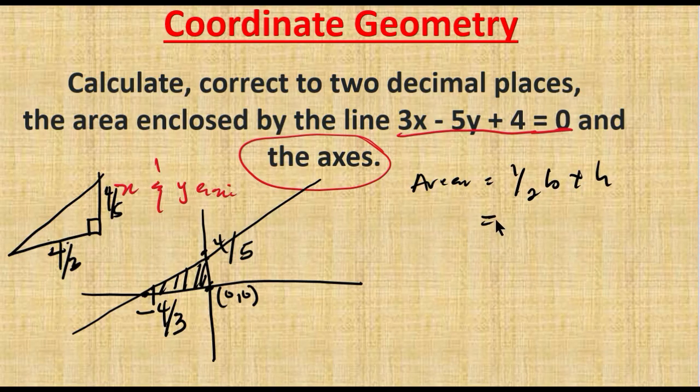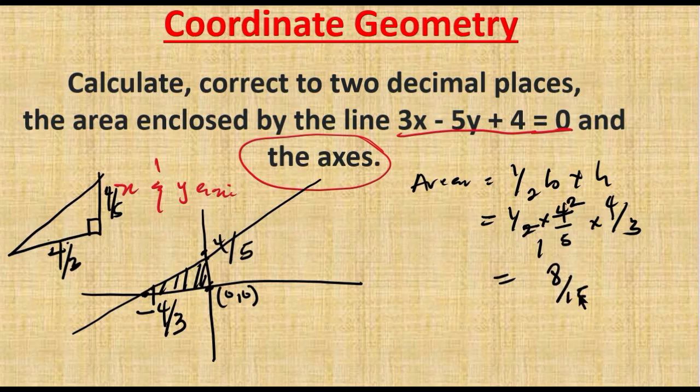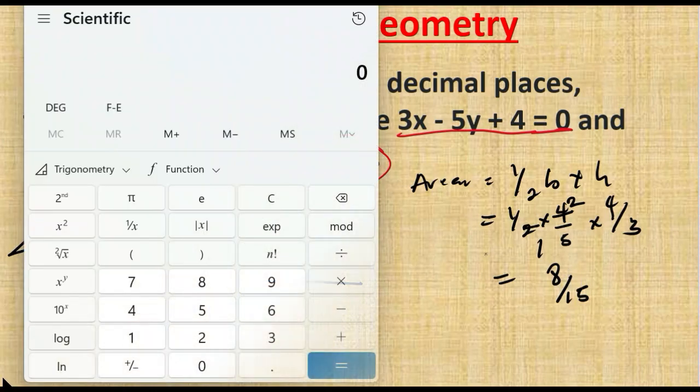So I will say this is equal to half times 4 over 5 times 4 over 3. 2 here is 1, 2 here is 2, which is equal to 8 over 15. Now this is 8 over 15. We can conveniently convert this to decimal as the case might be.